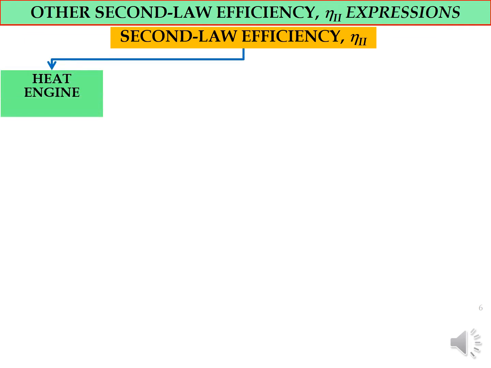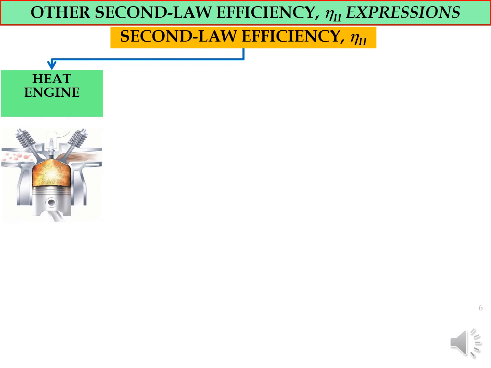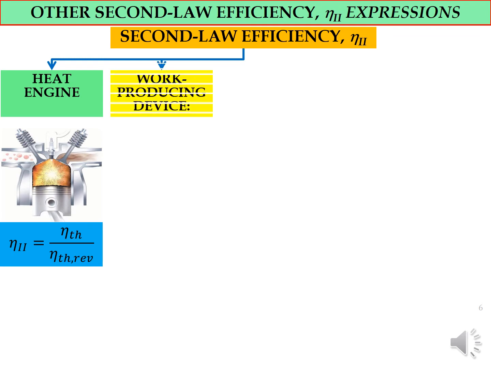One is the heat engine, for example a combustion engine. The second law efficiency is shown in this formula, which is the thermal efficiency divided by the reversible thermal efficiency.